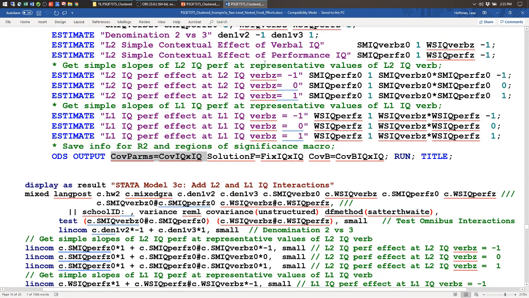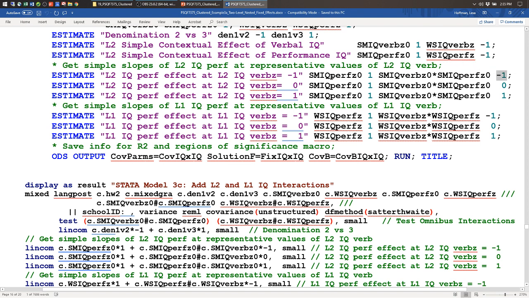Otherwise, the estimate statements to get the simple slopes look exactly like what you're now very used to seeing. Whatever variable you want the slope for gets a 1, and then you fill in the value of the moderating variable for which the simple slope should apply.